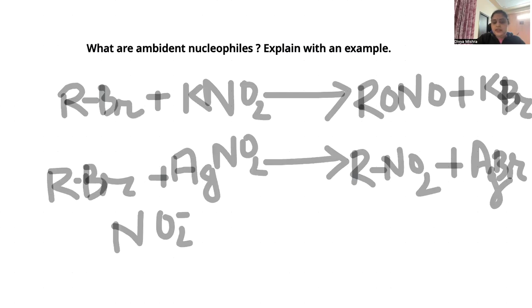The next example is SCN negative ion, or you can say thiocyanate ion. This is also an ambident nucleophile. Why? It can act through two different nucleophilic sites, that is sulfur and nitrogen. So first we'll take the attacking site as sulfur.